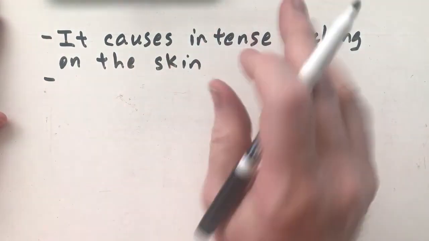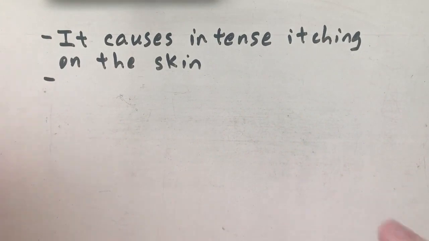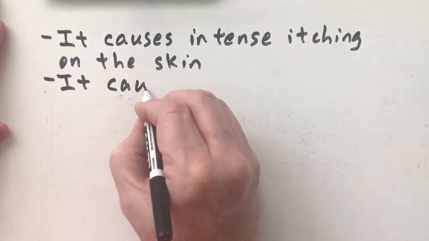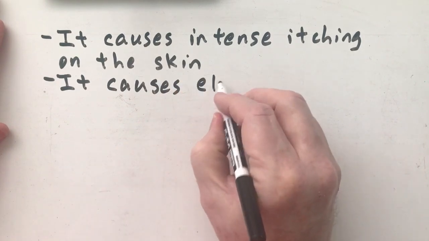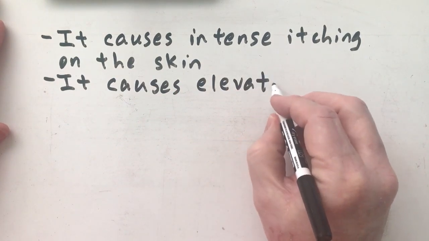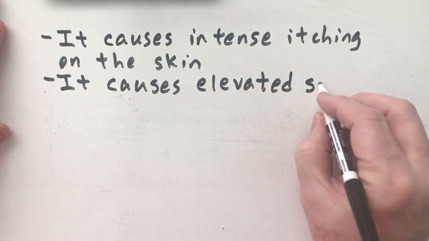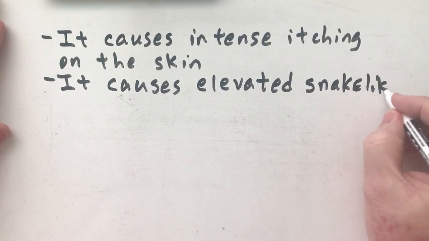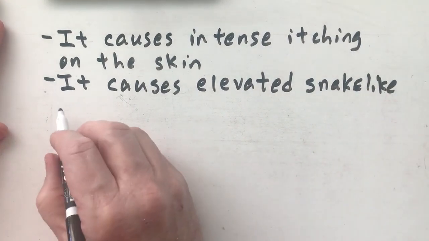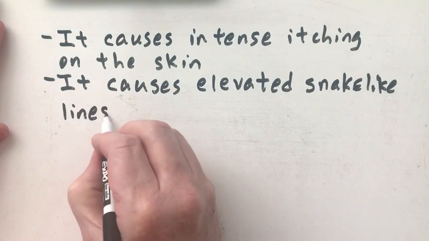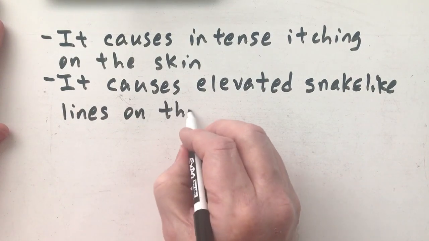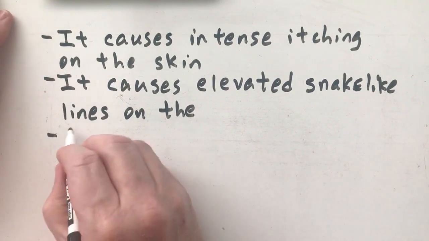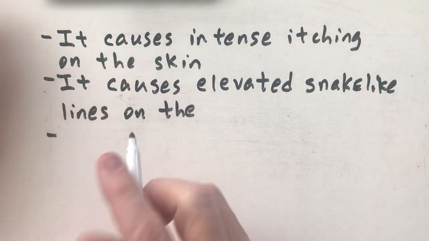And not only does it have the itching, but it's going to cause little snake-like lines that are elevated on the skin. So now you have the itching and the snake-like lines on the skin. The lines are usually less than 1 millimeter wide.